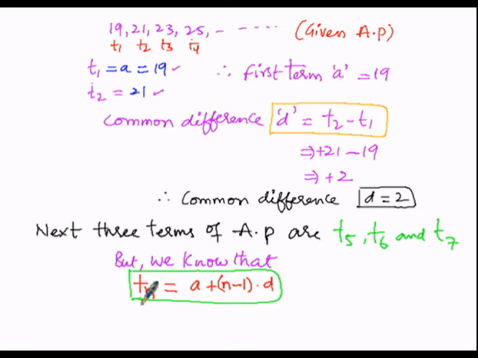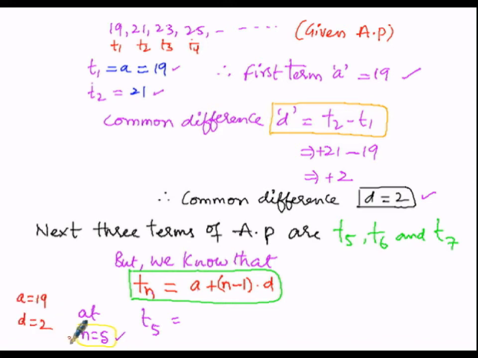Now we have to find T5. At n equal to 5, when n is replaced by 5, we will get T5. Here A is equal to 19 and D is equal to 2.